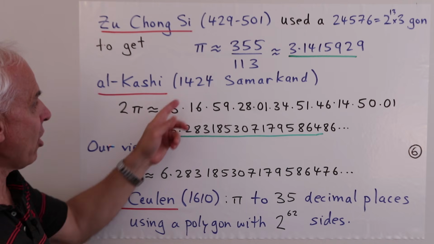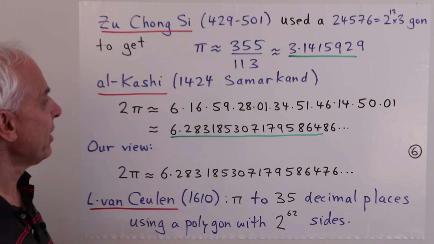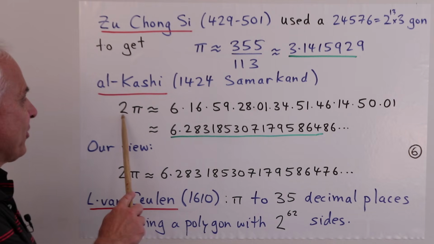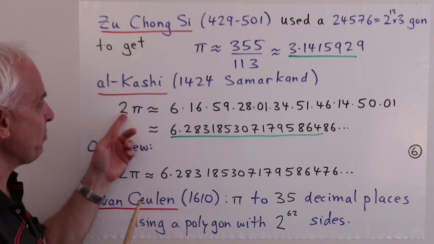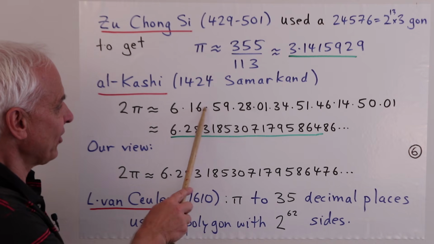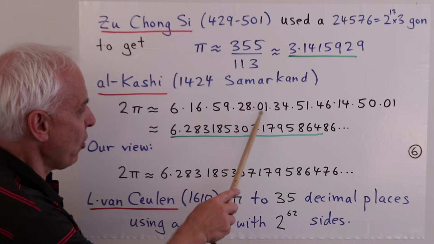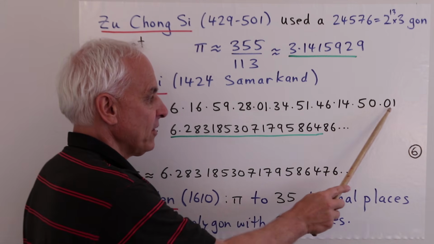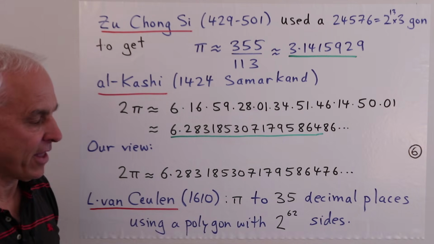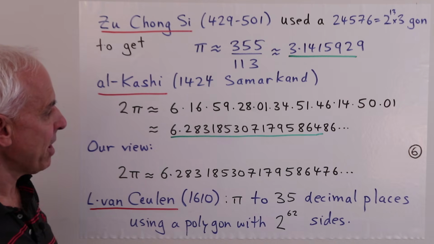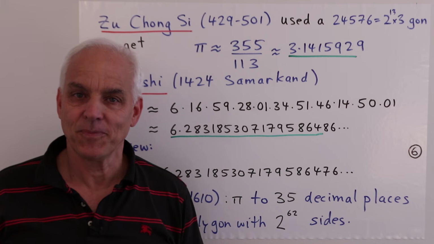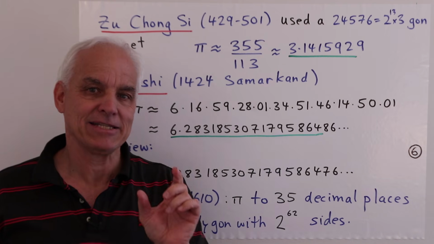Al-Kashi, almost 1,000 years later, in 1424 in Samarkand, came up with this beautiful formula for 2 pi, 6.16.59.28.01.34.51.46.14.50.01. And that may look like a very funny number, but that's a number in the old Babylonian sexagesimal system. So that's with base 60.